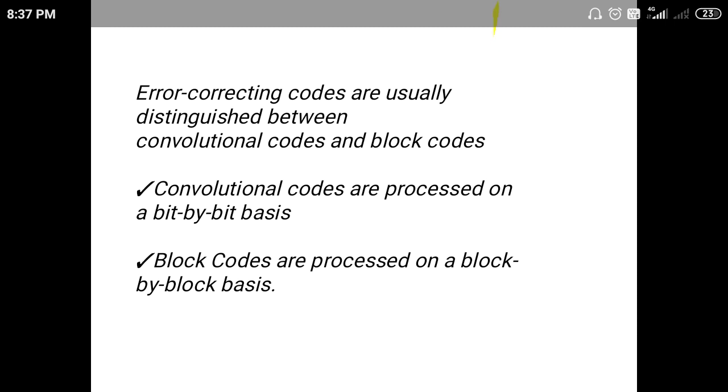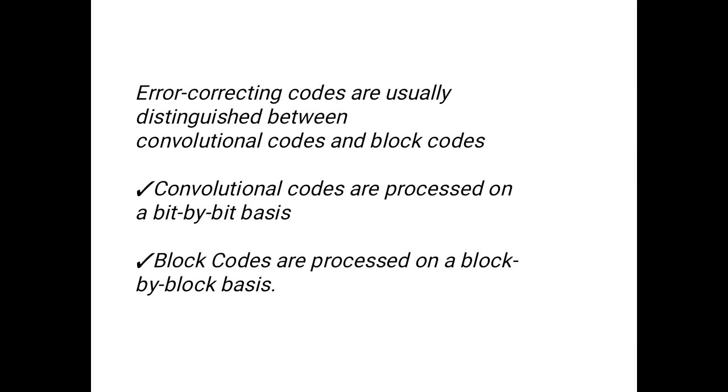Convolutional codes are processed on a bit by bit basis. Block codes are processed on a block basis. Convolution is nothing but it will check bit by bit. Block is nothing but it will check byte by byte, because a byte means 8 bits. In the second case, 8 bits are processed together. In the first case, only 1 bit is processed at a time. That is the difference between convolutional codes and block codes.